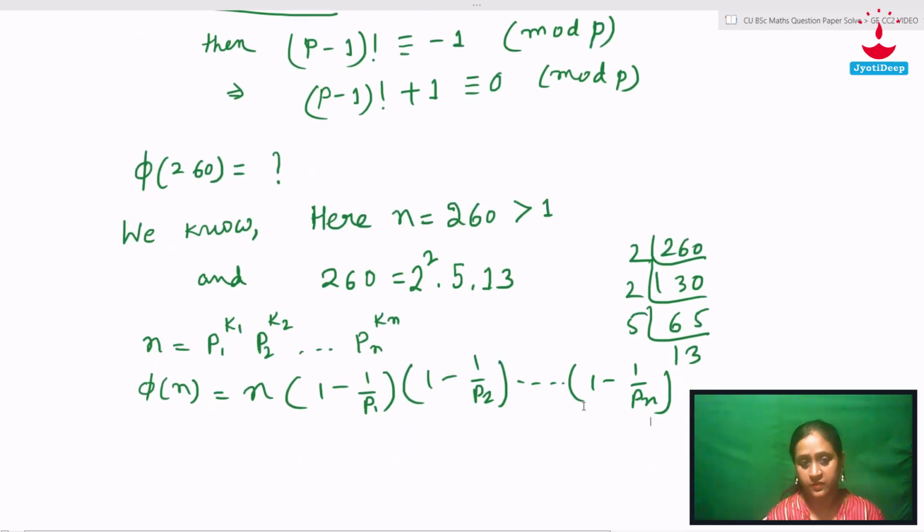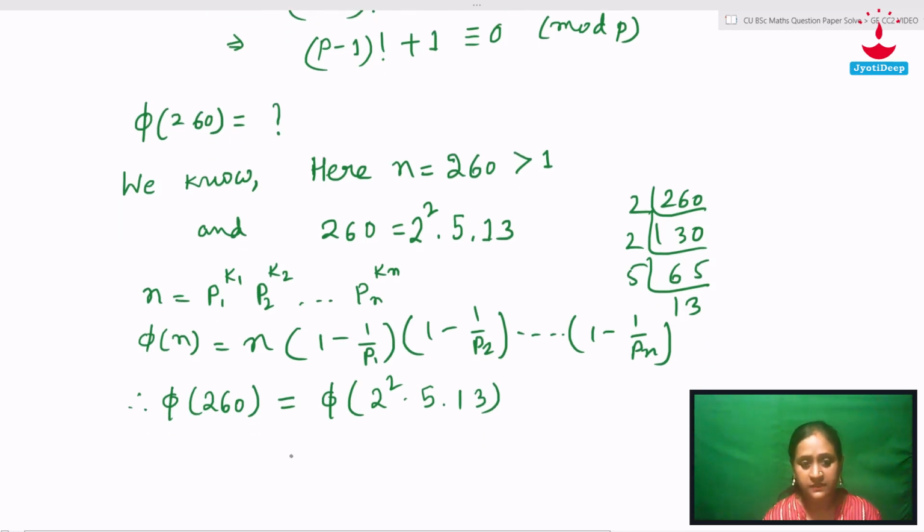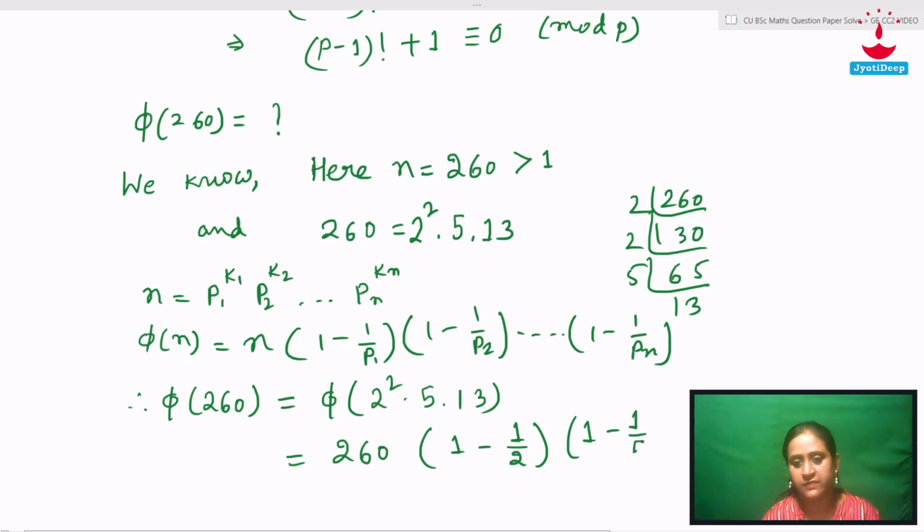So using this formula we can write phi of 260 is equal to phi of 2 square into 5 into 13, which is equal to 260 into 1 minus 1 by 2 into 1 minus 1 by 5 into 1 minus 1 by 13.